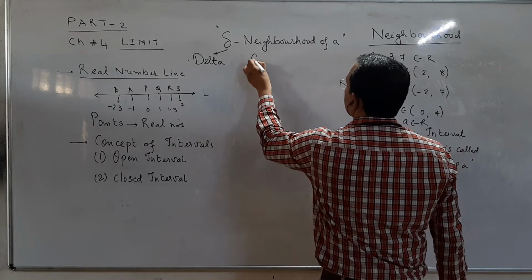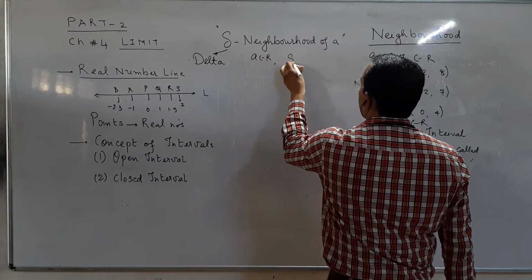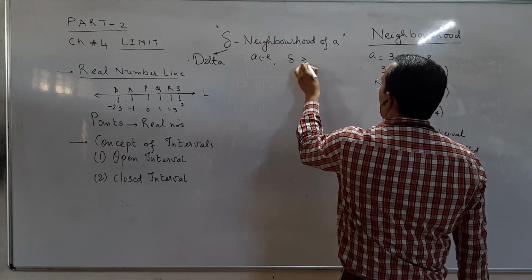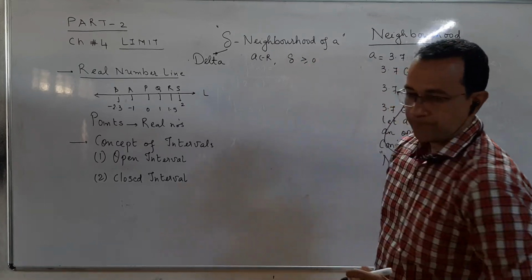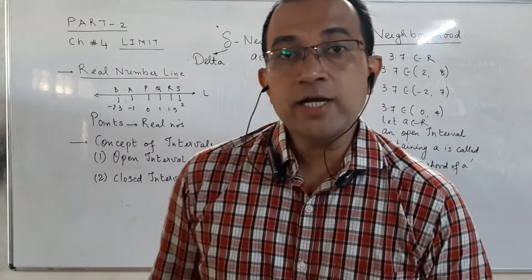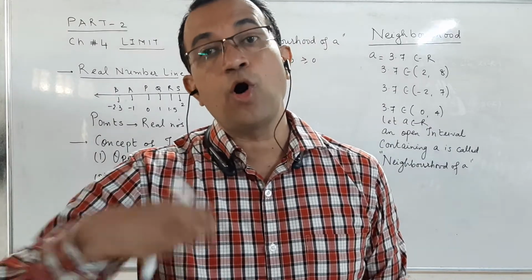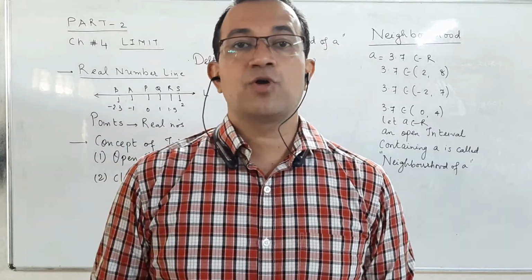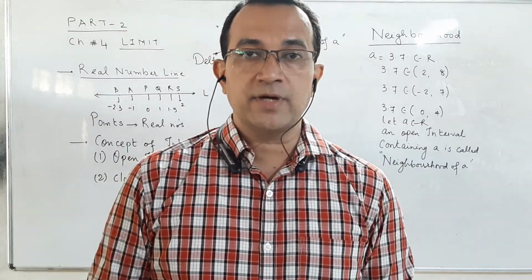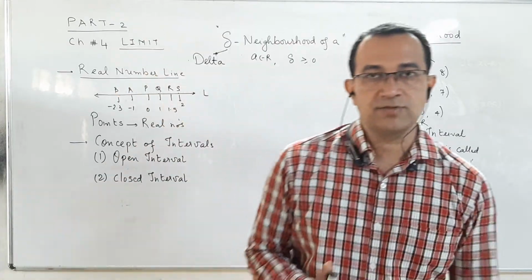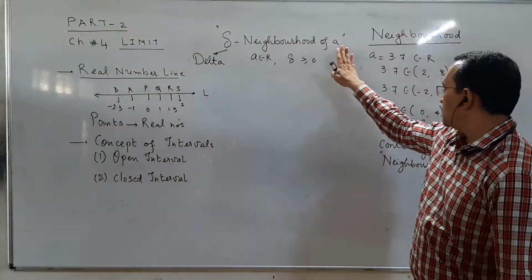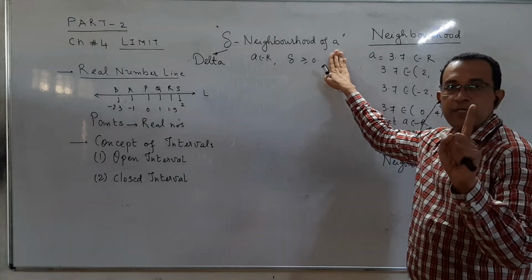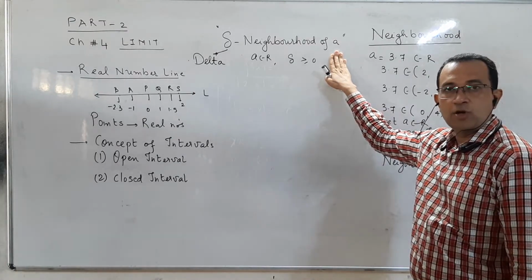Let A be a real number and delta be a non-negative real number. Non-negative means either 0 or positive. Students, what do you mean by the word non-negative? Either 0 or positive. So what I am trying to define: let A be a real number and delta be non-negative.